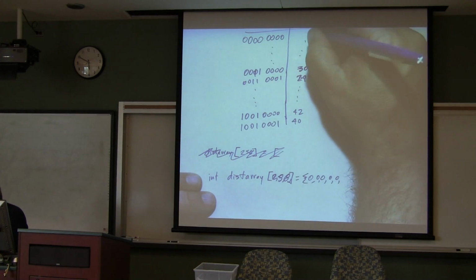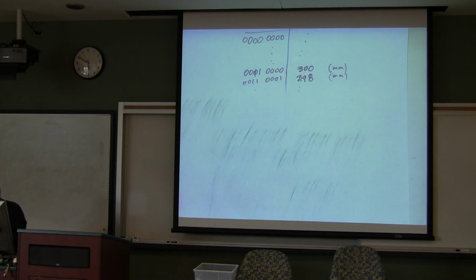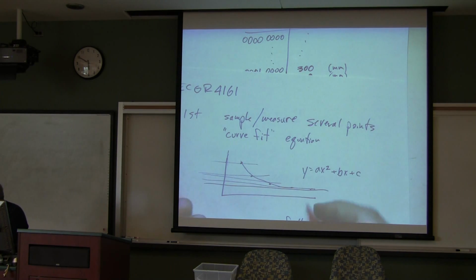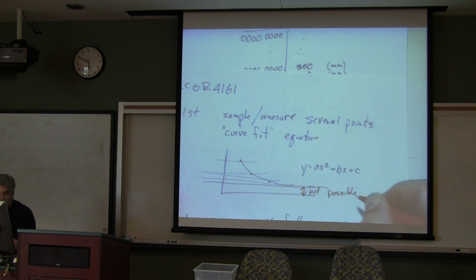Because all the first values are worthless, right? Because if we look at this, the value could never be that; that's not possible, or it's not worth it.